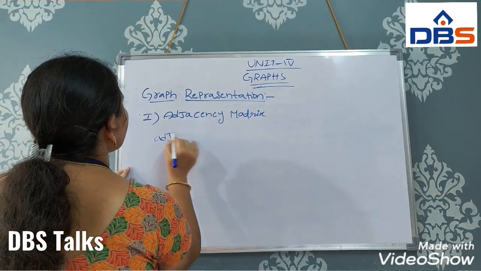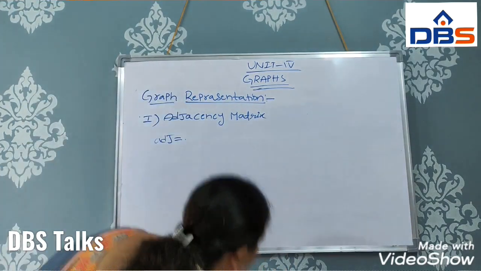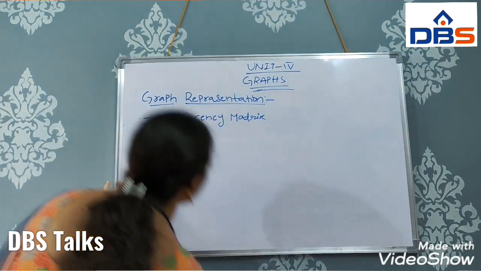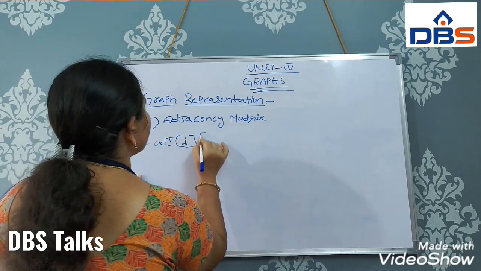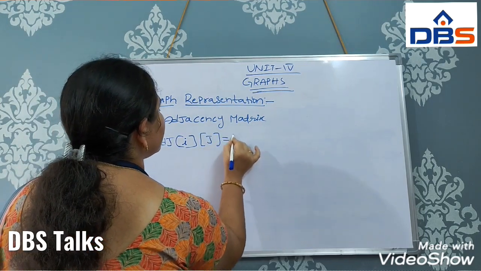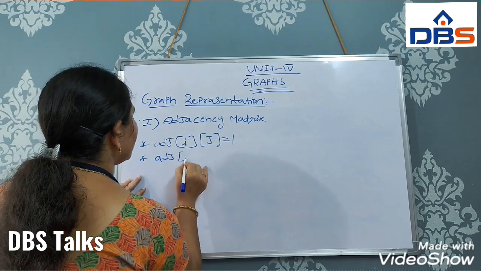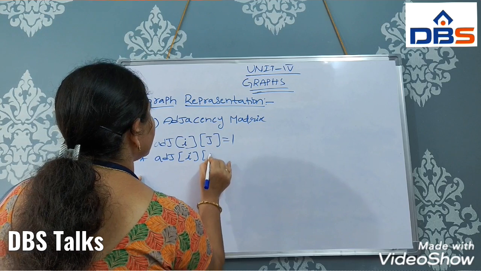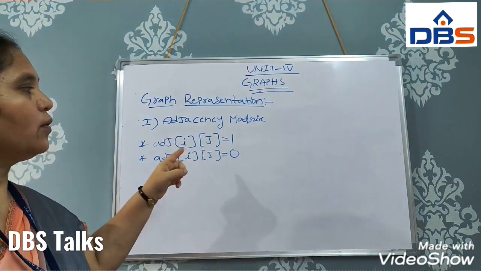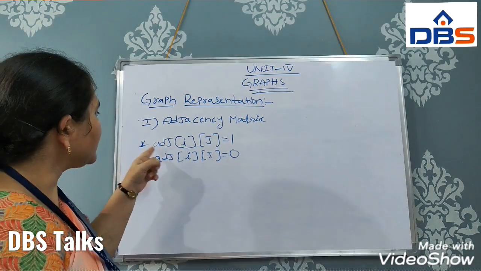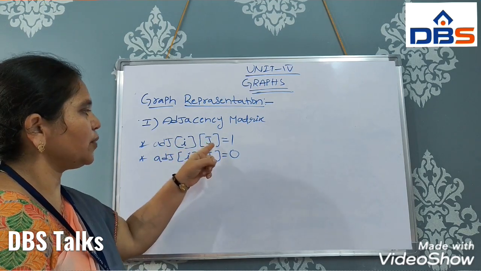ADJ of i j is equal to 1, and ADJ of i j is equal to 0. We need to remember these two points. In ADJ of i j, i means row and j means column.